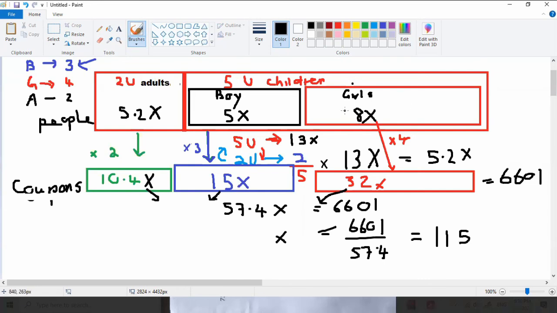Okay, I don't know what they want, but I better settle everything first. That means adults is 5.2 times 115. Do you understand? How much is that? 5.2 times 115. Yeah, 598. 598 adults.